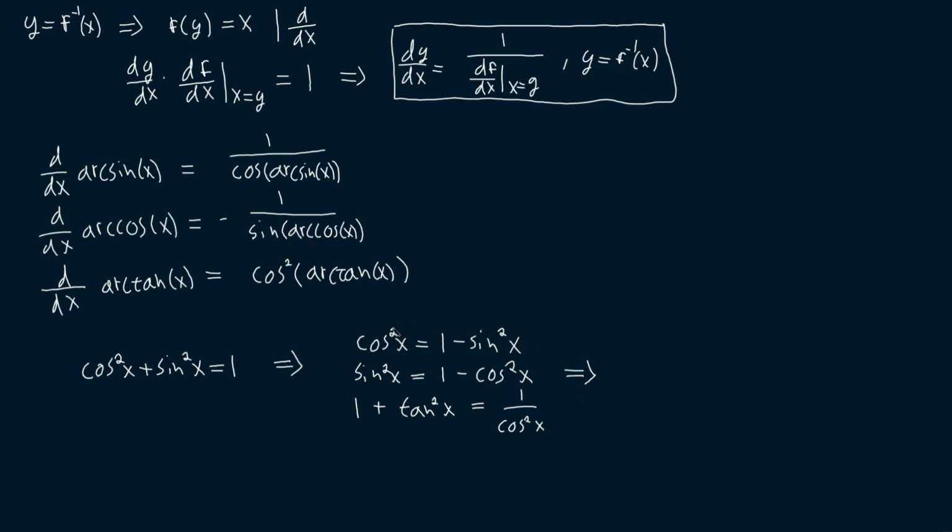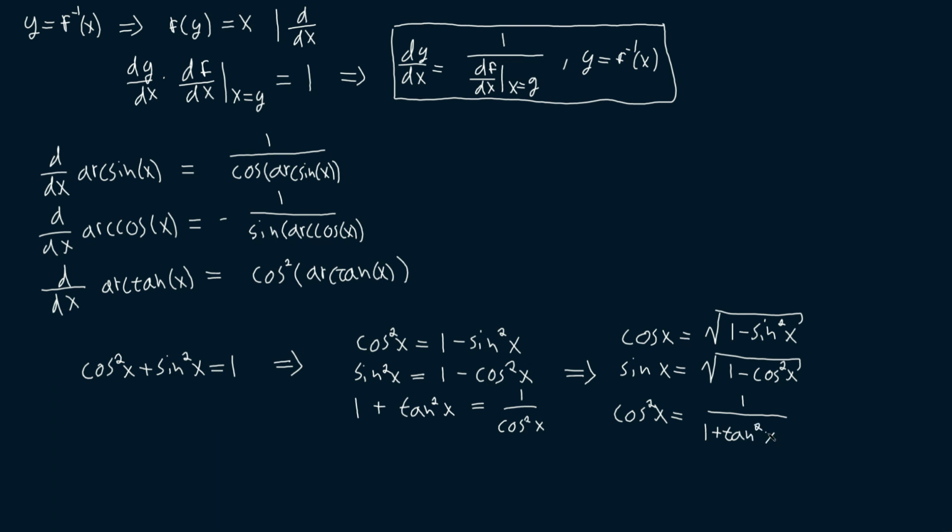Let's then take the square root of the first two equations to get that cosine of x is equal to the square root of 1 minus sine squared of x, and sine of x is equal to the square root of 1 minus cosine squared of x. And let's invert the last equation to get that cosine squared of x is equal to 1 over 1 plus tangent squared of x.